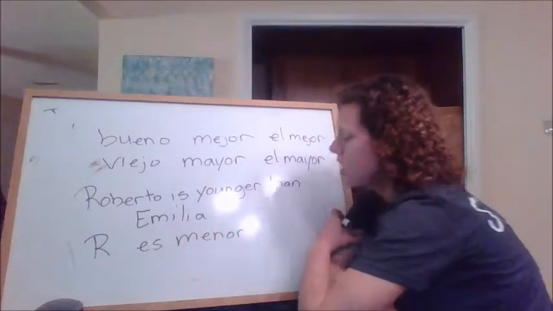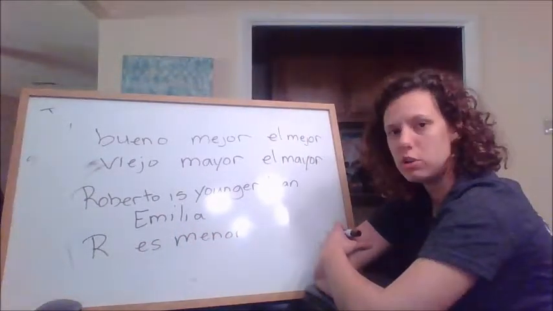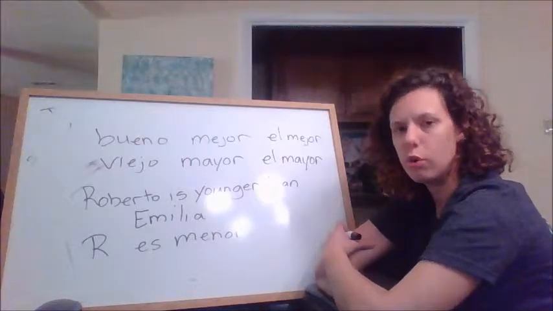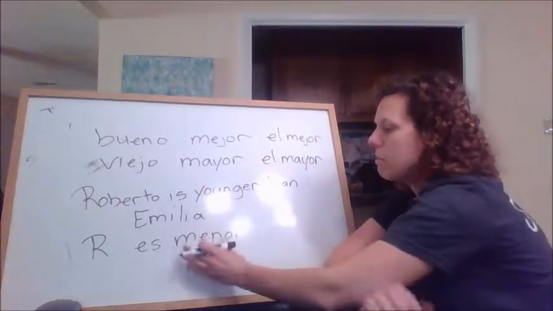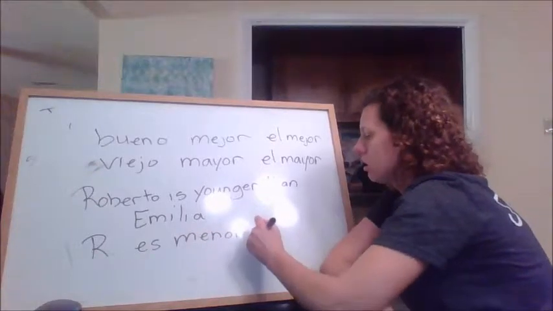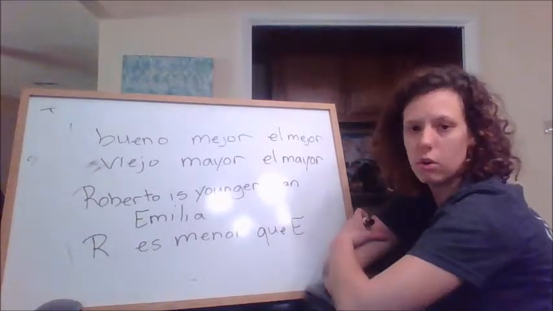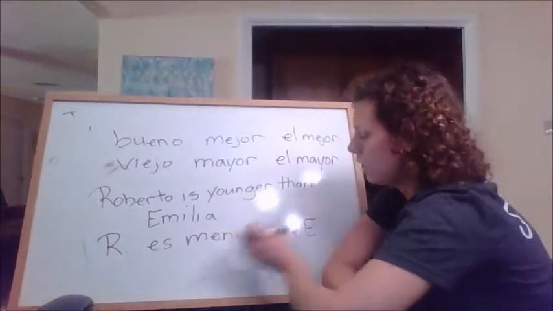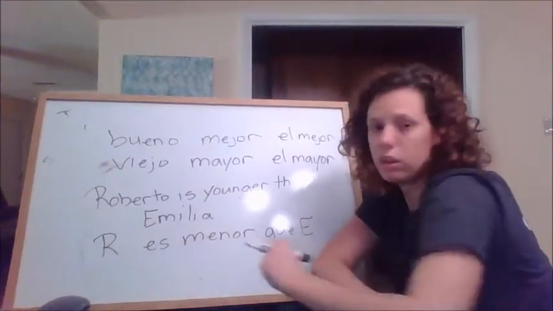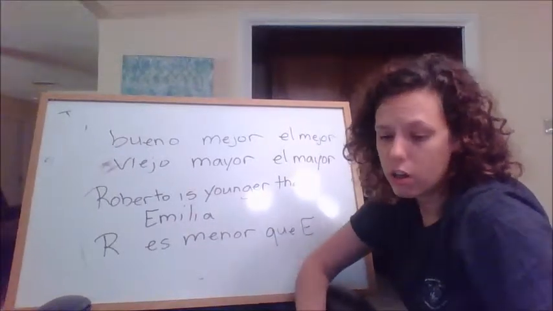Okay. The word for young is joven, but you don't say más joven. Joven becomes menor, younger que Amelia. Okay. So you got to be aware of these irregular ones. Okay, so you'll need to go back and look all those up.